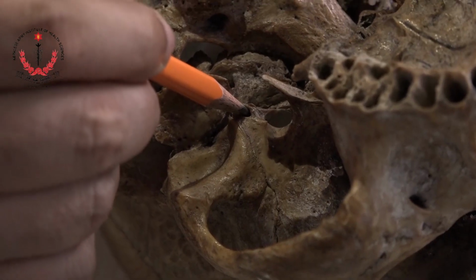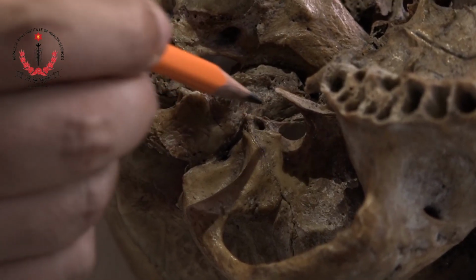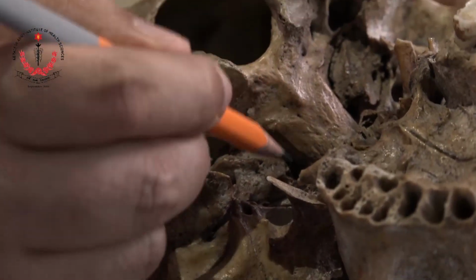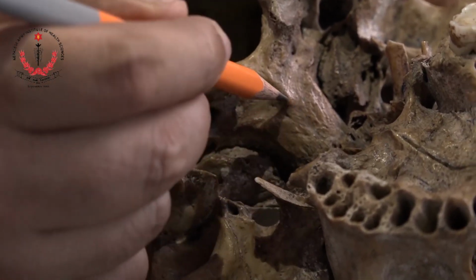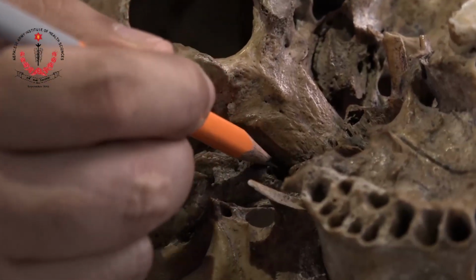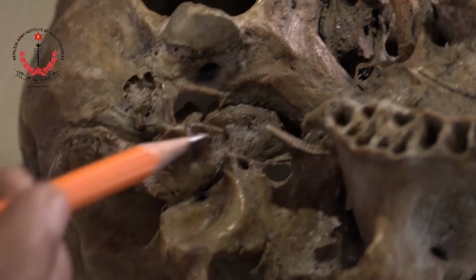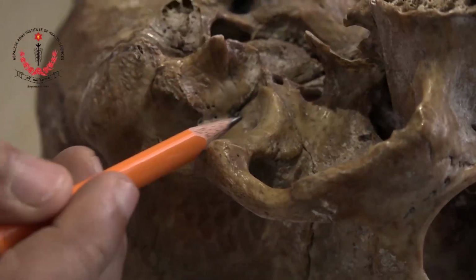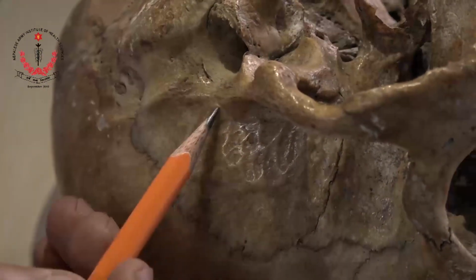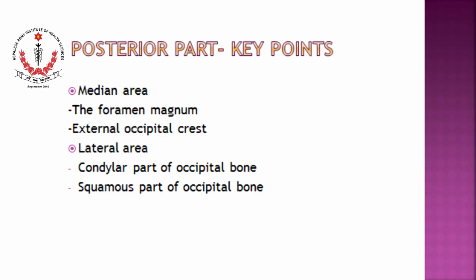This is the foramen spinosum. Medial to the foramen ovale, or lateral to this basilar part of the occipital bone, is the foramen lacerum. This is the tympanic part of the temporal bone, and again this is the squamous part of the temporal bone.